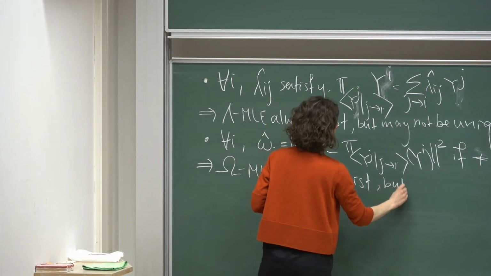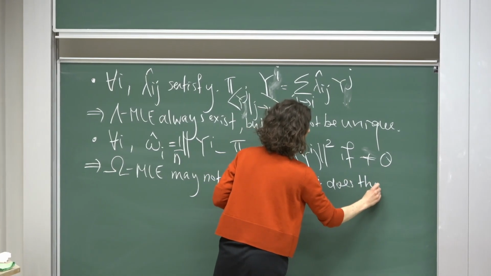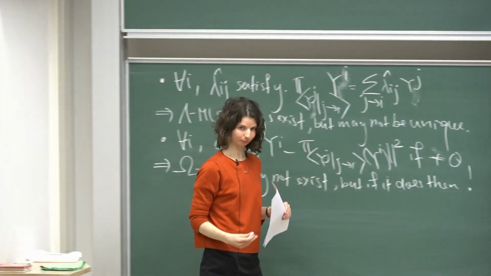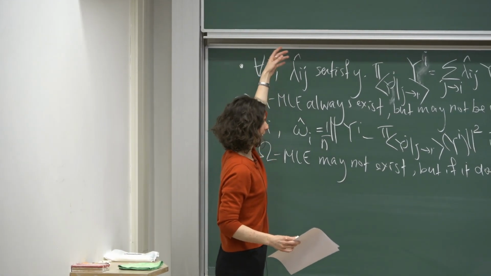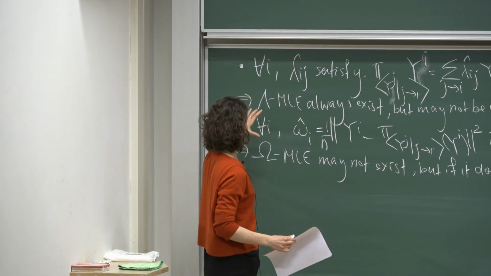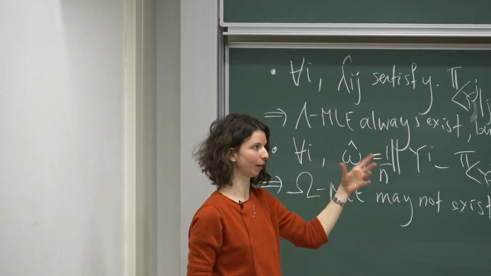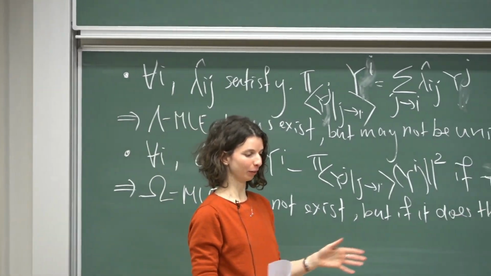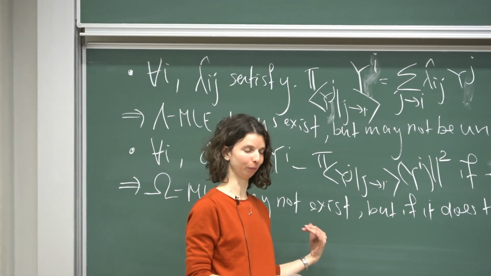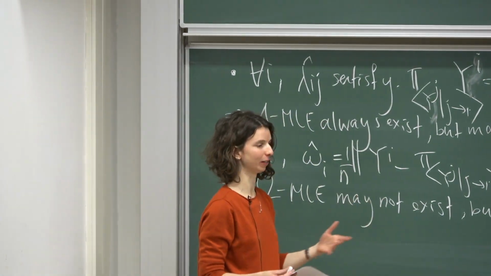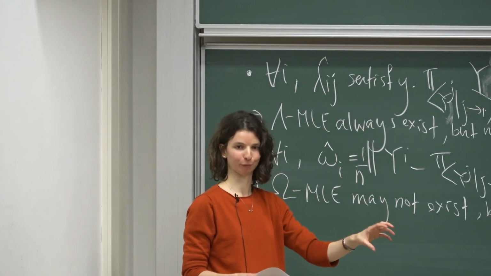So what this is telling us is that the omega MLE may not exist, but if it does, then it's unique, because it has this closed form expression. In some ways, what we're mostly interested in is the lambda MLE part, because it always exists, and the problem we're trying to resolve is the case where you have many possibilities for the parameters of your model, and you want to find in some canonical way a single set of parameters.